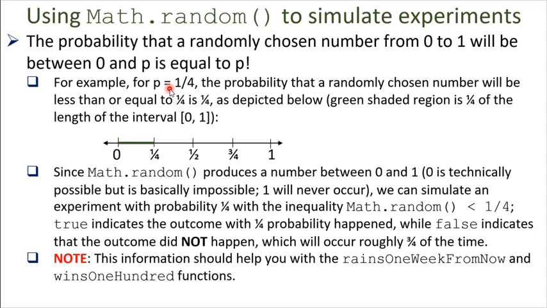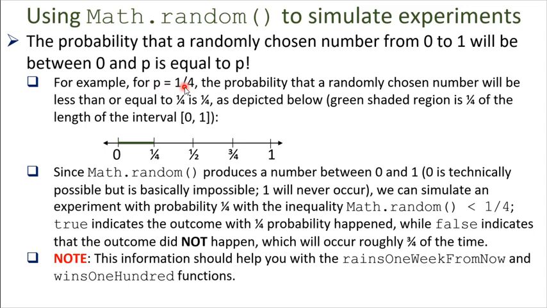We were asking what's the probability that it rains 1 week from now, and you had to simulate whether it rained or didn't rain the next day, which had probabilities of 0.3 or 0.4, depending on whether it rained today or not.